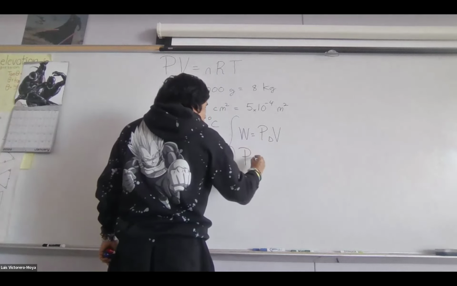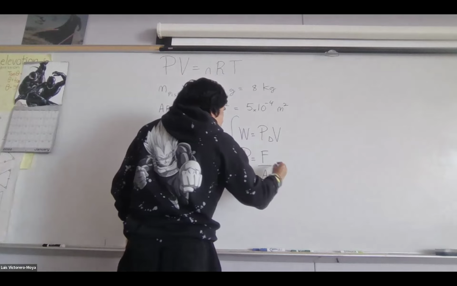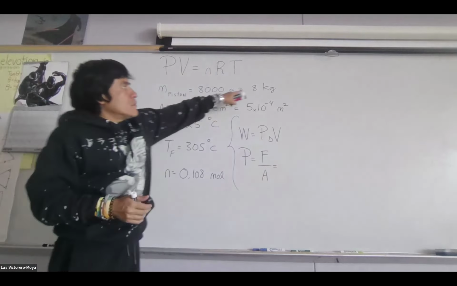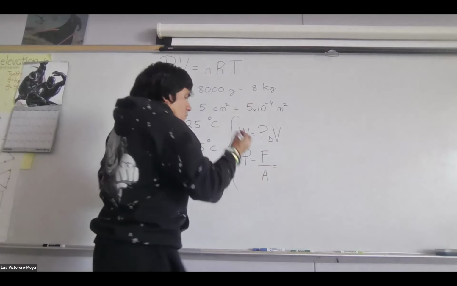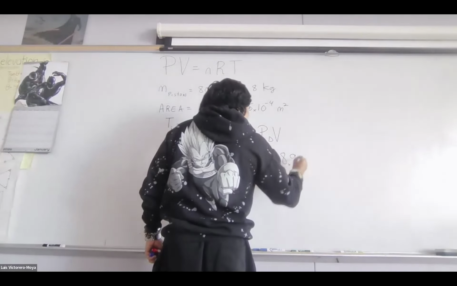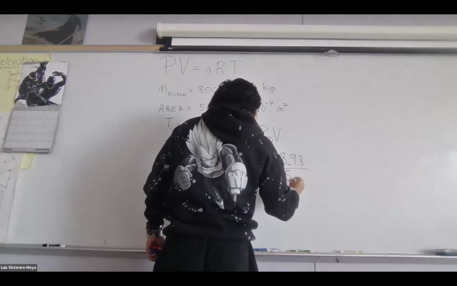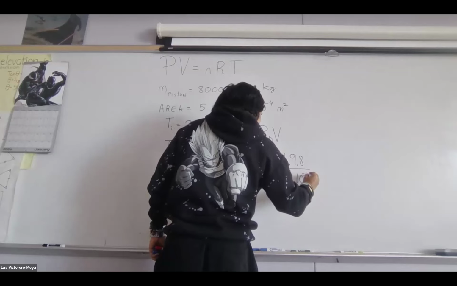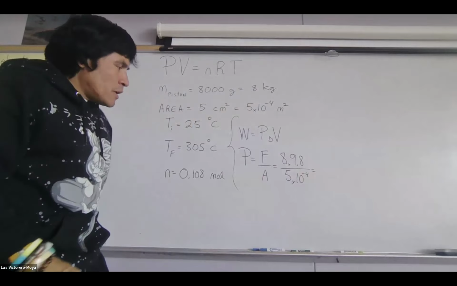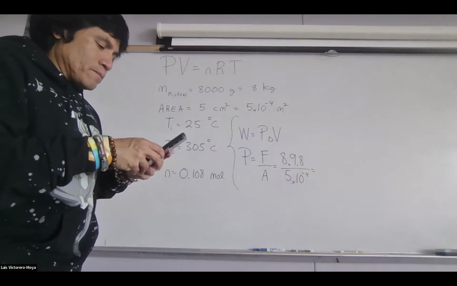Pressure is defined as force over area. The force is basically the weight of the piston, 8 times 9.8. The area is this. So I can find the value of pressure in pascals or Newton per meter square.